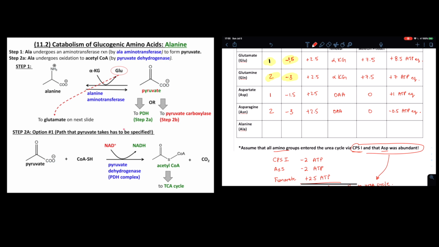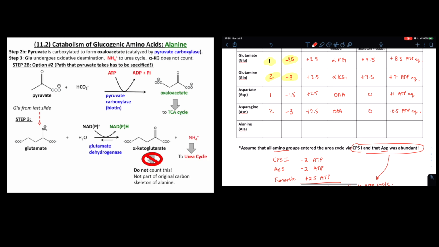In step 2A, pyruvate combines with coenzyme A through the pyruvate dehydrogenase complex, producing an NADH and an acetyl-CoA, which goes into the TCA cycle. CO2 is also produced. The other option is pyruvate carboxylase.